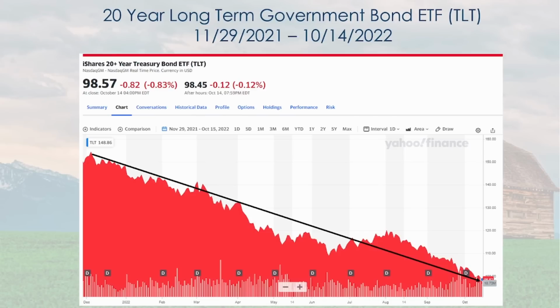And so I don't want to say this is true for every portfolio, but it's a benchmark certainly for the bonds that tend to do better in an up market. TLT, this 20-year government bond, is down. This is a chart from the beginning of the year, from November 29 of last year.